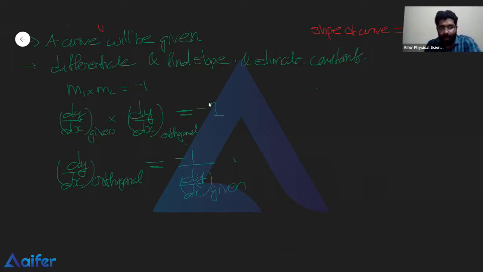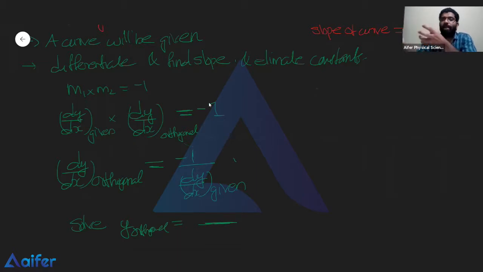So you get a differential equation from this, and you can solve for this, and you can find y of orthogonal equal to something. So the idea is this: your curve will be given, you have to differentiate. If there is any constant, you have to eliminate those constants, then find the slope of the given curve into the slope of the orthogonal family.